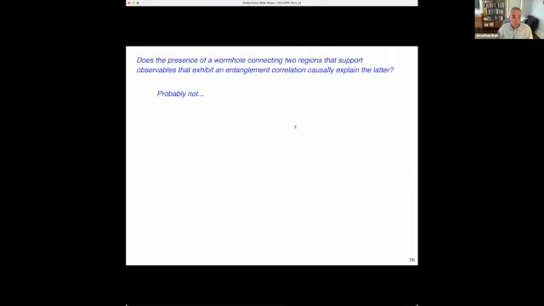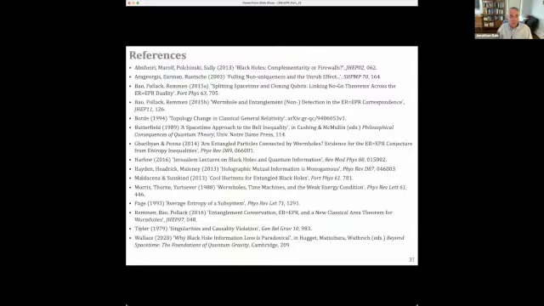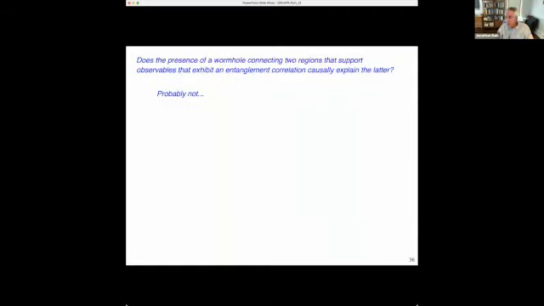And so my assessment is probably not, given the contrived nature of the examples. Okay, so that's all I wanted to say about ER equals EPR as applied to the context of providing a causal explanation of entanglement correlations.